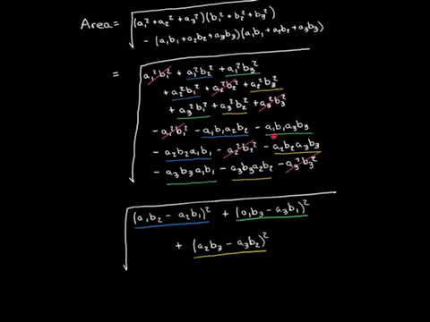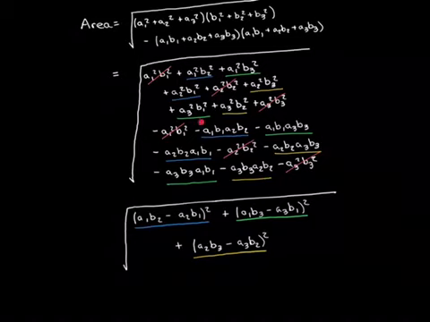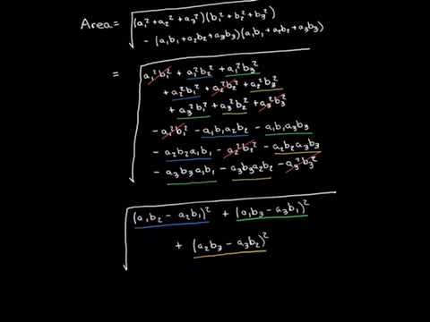Similarly in green here, a1 b1 a3 b3, and here we have an a3 b3 a1 b1. Those two are the same terms, so we have minus two lots of that. Similarly in yellow, we have here a2 b2 a3 b3, and here we have a3 b3 a2 b2, so those two are the same terms. So in fact we can collect these ones together.